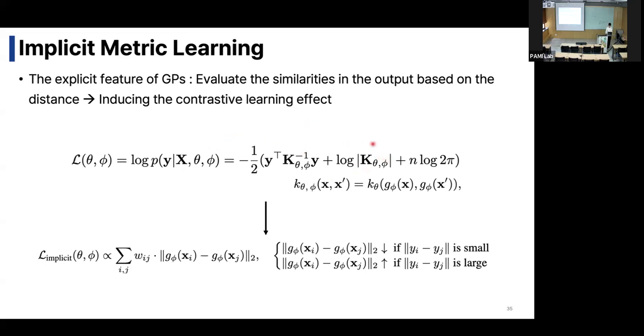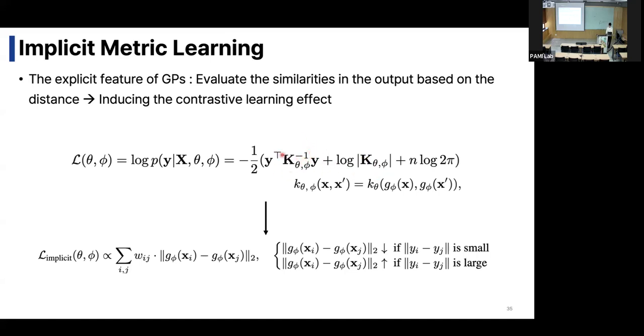This naturally leads to an effect similar to contrastive learning, even though we never explicitly define a contrastive loss. This effect arises directly from the GP's marginal likelihood objective because of the nature of the distance-based kernel.